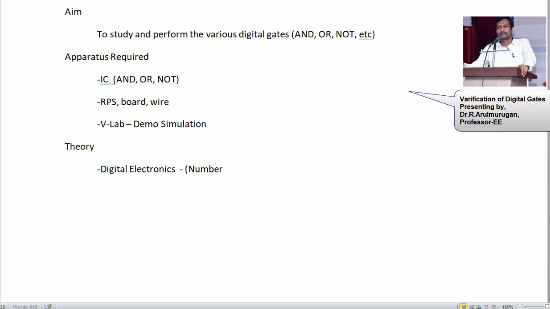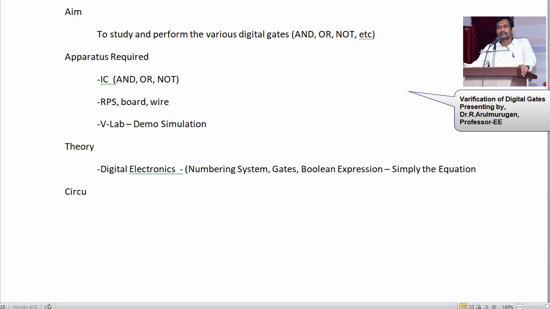It starts from the numbering systems: the decimal number system, the octal number system, the hexadecimal number system, and the binary number system. Then the various gates: AND gate, OR gate, NOT gate, and you will explain about them. Then the Boolean expression, which is nothing but using the gate terminals to simplify equations. So this is about the theory.